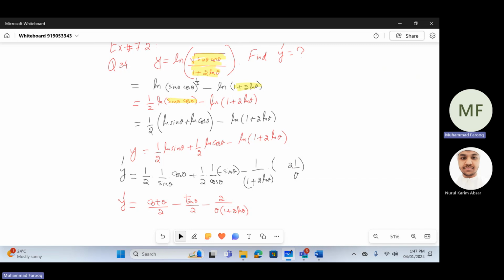Okay, you can copy this right now. Doctor, can you repeat just the last simplification? Actually, cosine by sine is cotan, and divide by 2 is as it is. Then sine by cosine is tangent, over 2, and this 2 is as it is.